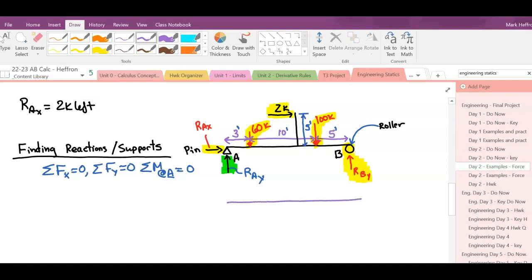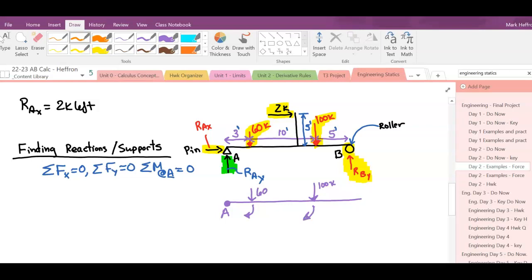This point right here is where we're allowing rotation. So this is at A, and we have 60 kips down, so it's going to cause that kind of positive or clockwise rotation. We've got 100 kips down. It's going to also cause this kind of rotation.